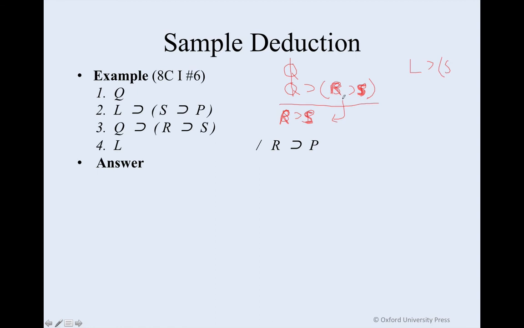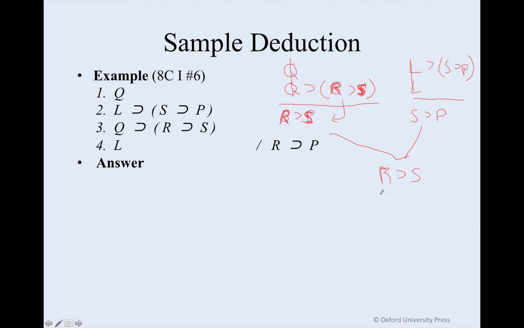Okay, so your second premise is L horseshoe (S horseshoe P). And then your fourth premise is L, and you've got your antecedent affirmed, and that yields S horseshoe P. Now let's put these two together, one on top of the other. We can do it in order if you want.